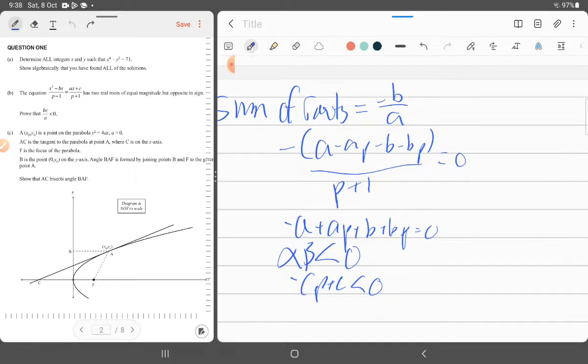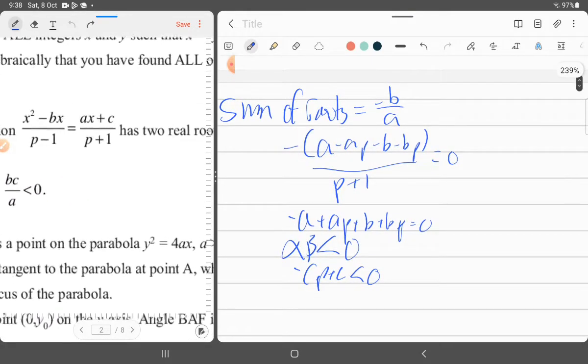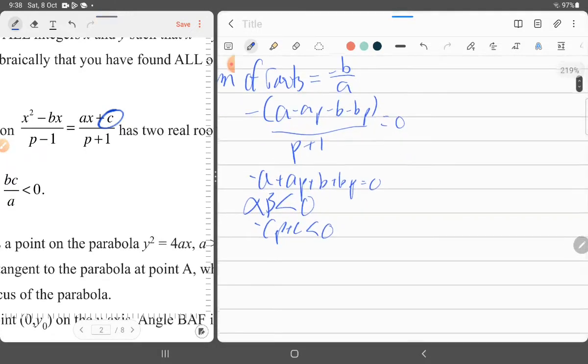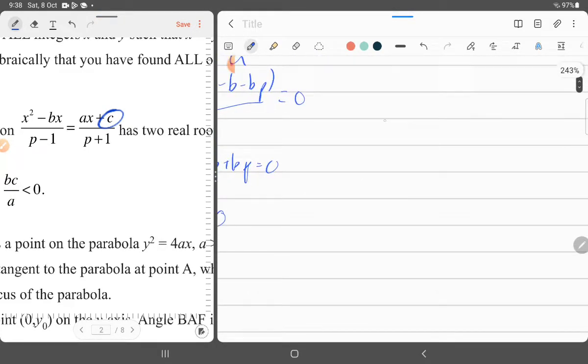Oh wait, no, actually this is the only constant, so we can just say c brackets p take away 1 all over p plus 1 is less than 0, since this is the equivalent to the product of the roots.